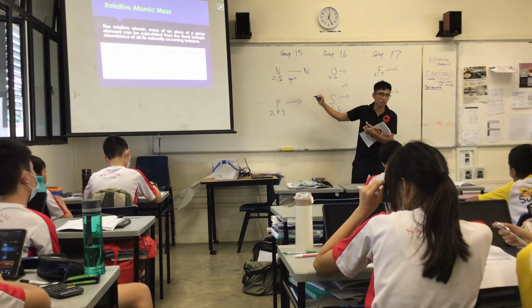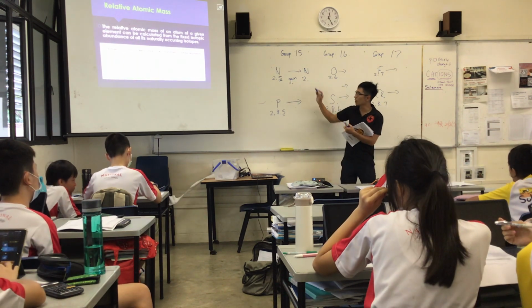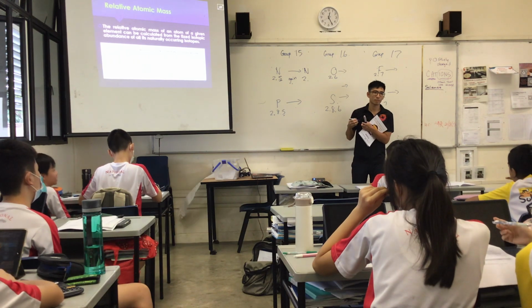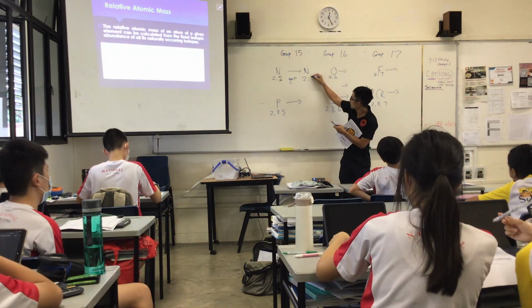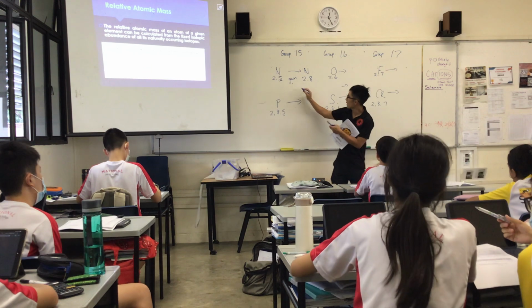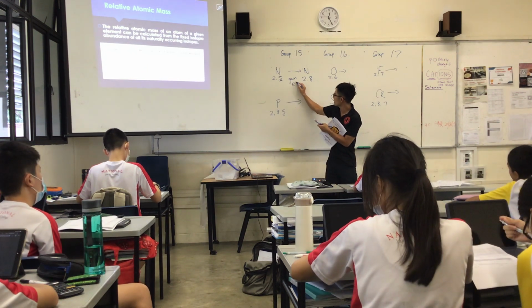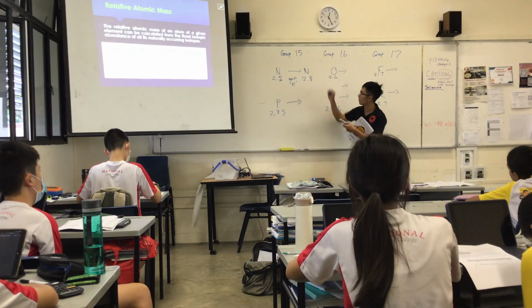How many electrons does nitrogen need to gain so that its outermost shell is filled? 3. So, let me put 8. Now, you're supposed to gain 3 electrons. What will be the charge of nitrogen now?